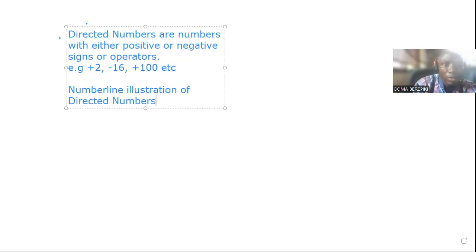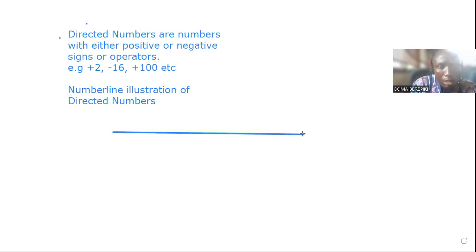I'm going to do a very quick diagram to just show you what directed numbers are on the number line. So I'm using a straight line, and it has an arrow backwards and an arrow forward.